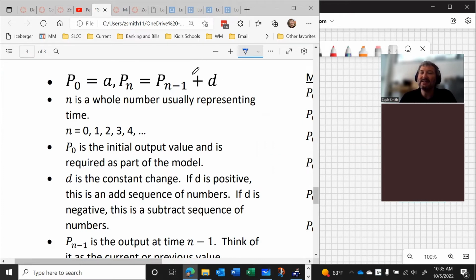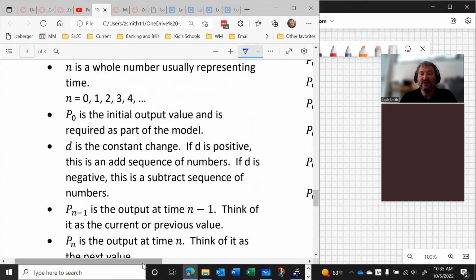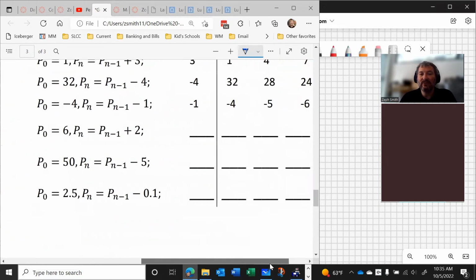Adding d, that's a constant linear growth. And n is a whole number, 0, 1, 2, 3, 4. Initial value, same d. And again, P sub n minus 1, think of it as either the current, the one you're on, or the previous value. And P sub n, think of it as the next value. This one is just best to go straight into the examples.